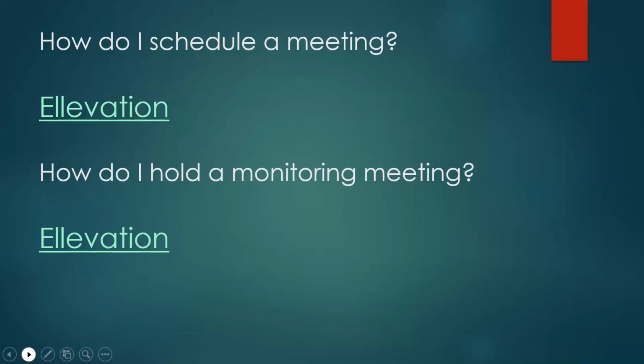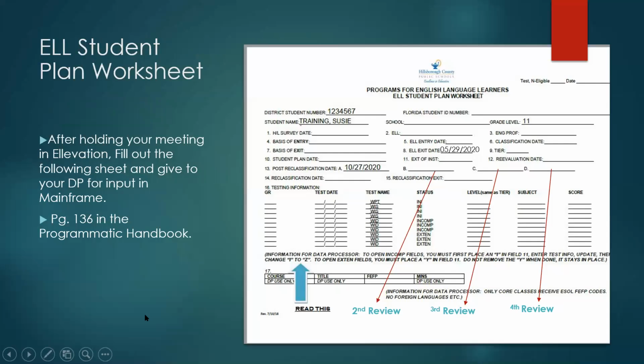The next step in the process is to fill out an EL student plan worksheet. I will use page 136 in the programmatic handbook for guidance, but basically you will enter line 13, as you can see here, and you're going to put the date that you held the meeting.